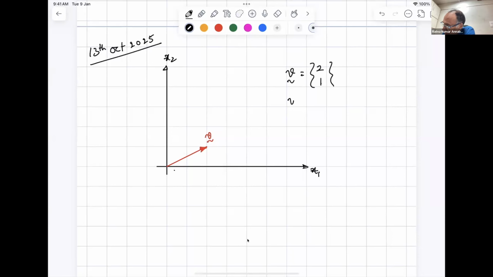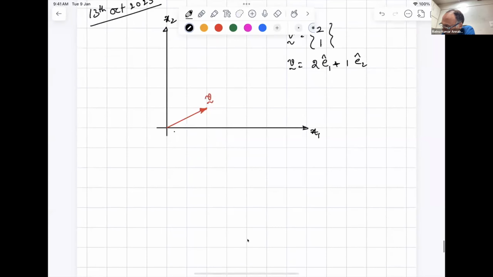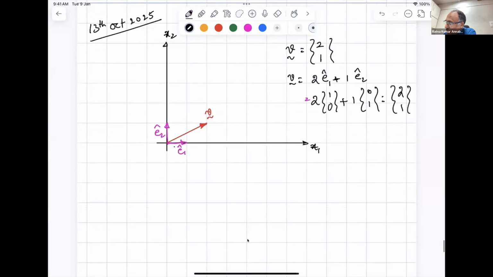In other words, we can write this as 2 e1 hat plus 1 e2 hat, where this is the unit vector e1 hat and that is the unit vector e2 hat. e1 hat means 1, 0. e2 hat means 0, 1. That will be 2, 1. That is how you can write.